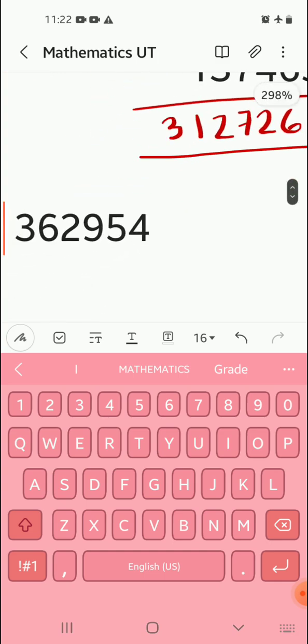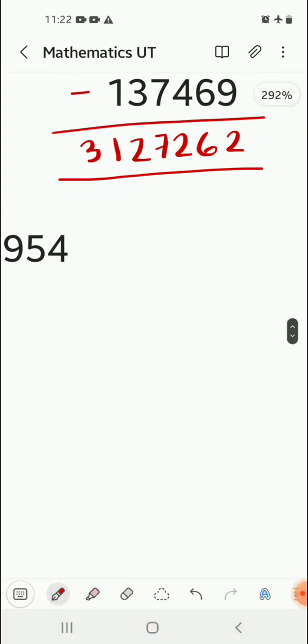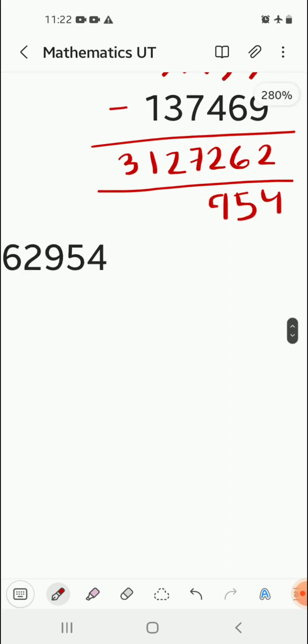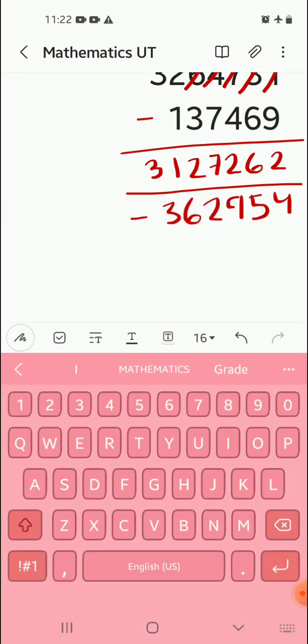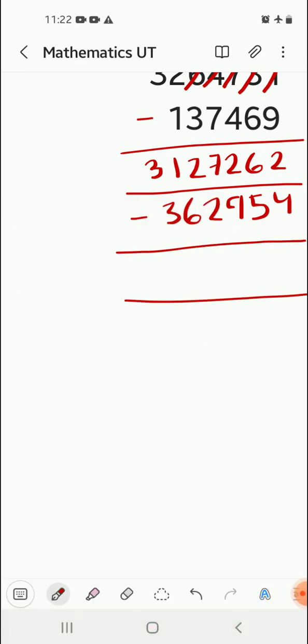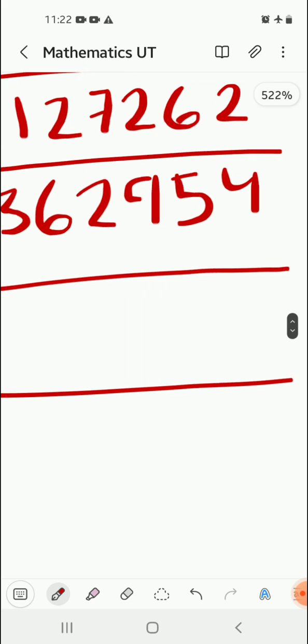We're going to write it in backward order. So first 4, then 5, then 9, then 2, then 6, then 3. Subtract the numbers. Find out the number of children.